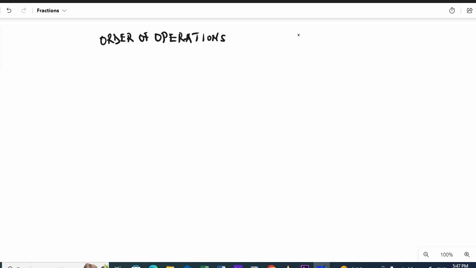Okay, so say we had a question that involved different kinds of operations: subtraction, multiplication, and division, all together in one question. How would we solve it? Now, there's an acronym called BODMAS. BODMAS helps us understand the order in which we should answer such a question where we have different kinds of operations in one.